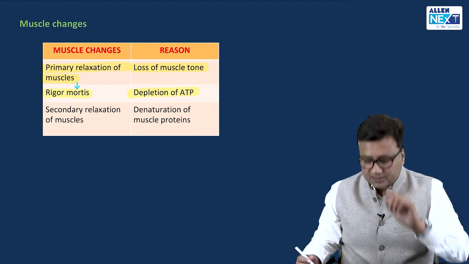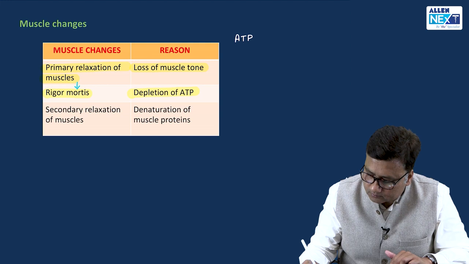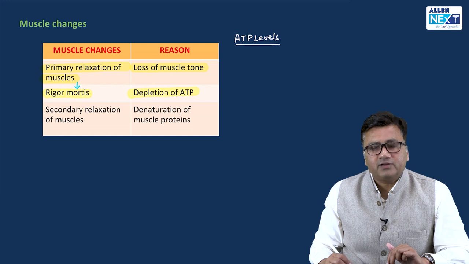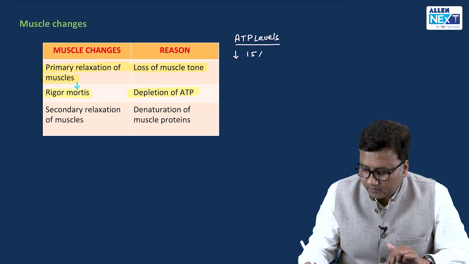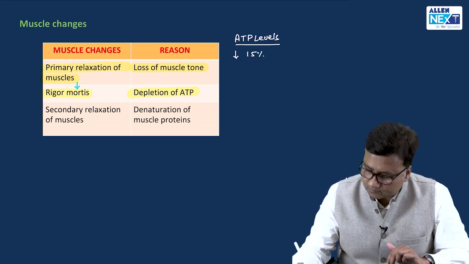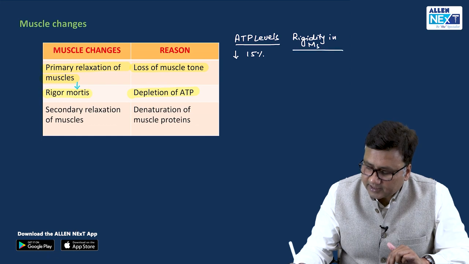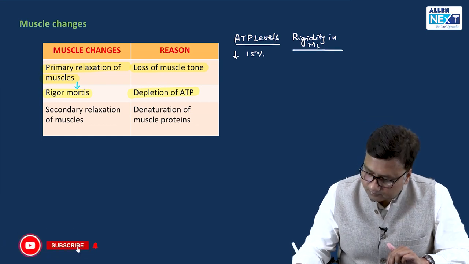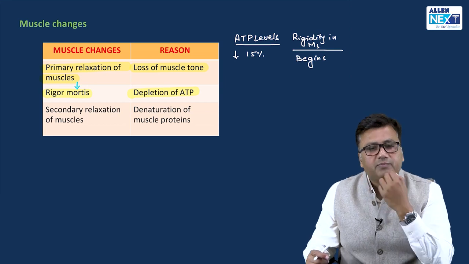Now, literature says that when ATP levels decrease by 15%, rigidity in a particular muscle begins, or starts to be appreciated.